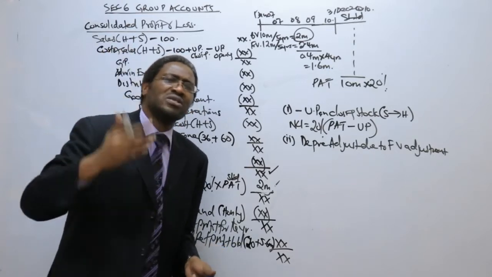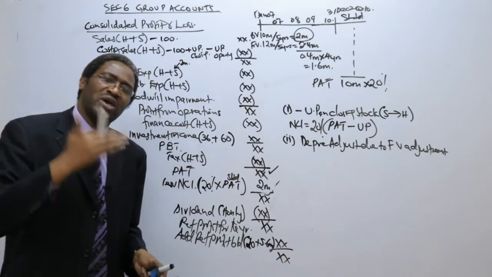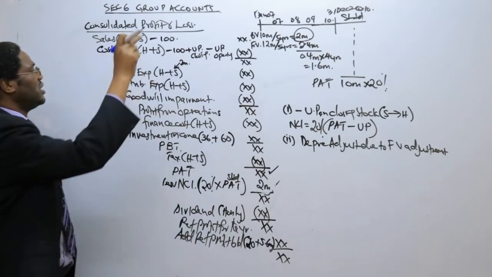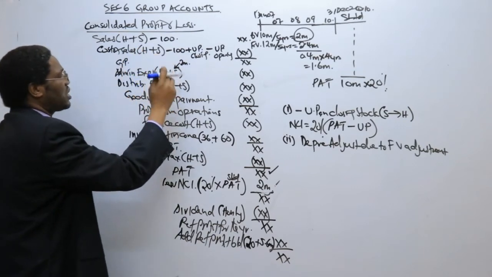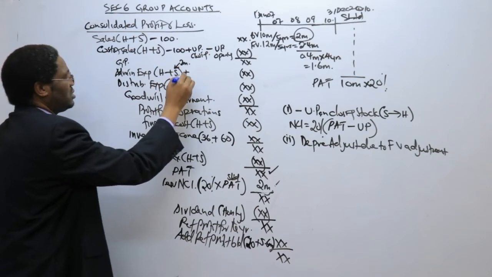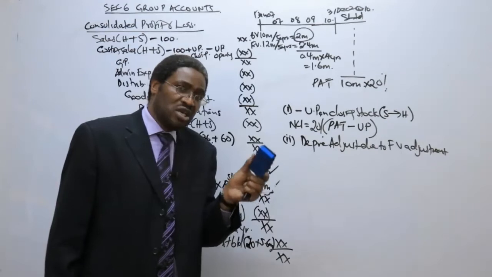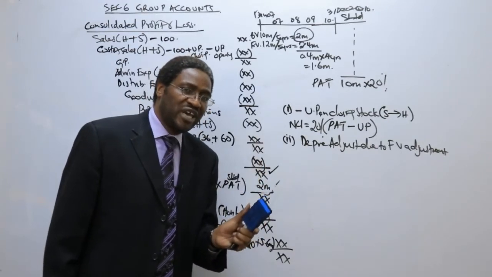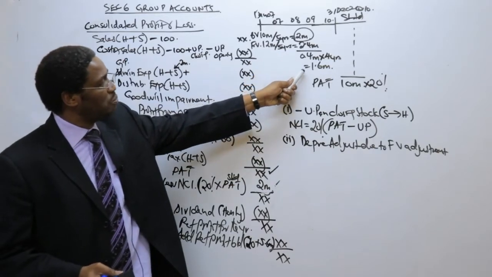So it means now that when you are doing the group income statement, you will take the admin expenses of the holding plus the admin expenses of the subsidiary company, then you will now add the undercharge for that year. Don't forget, we saw the total undercharge for 4 years is 1.6 million.